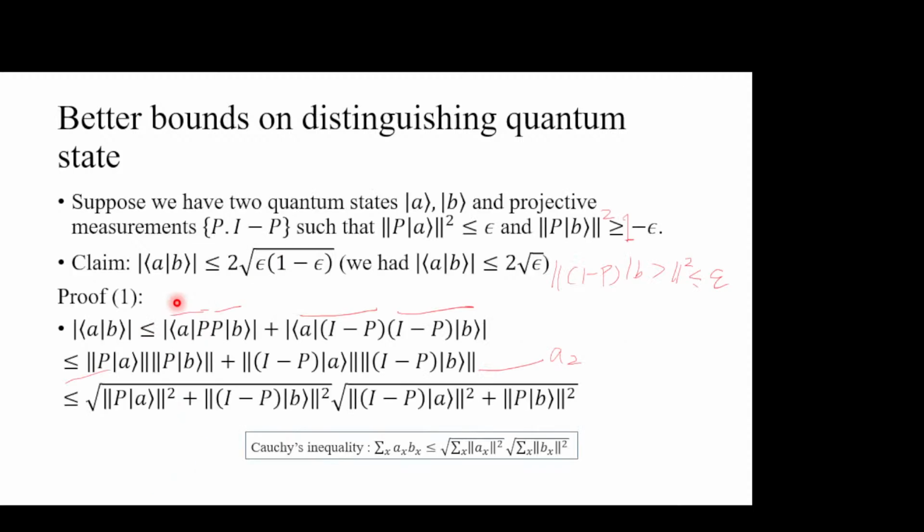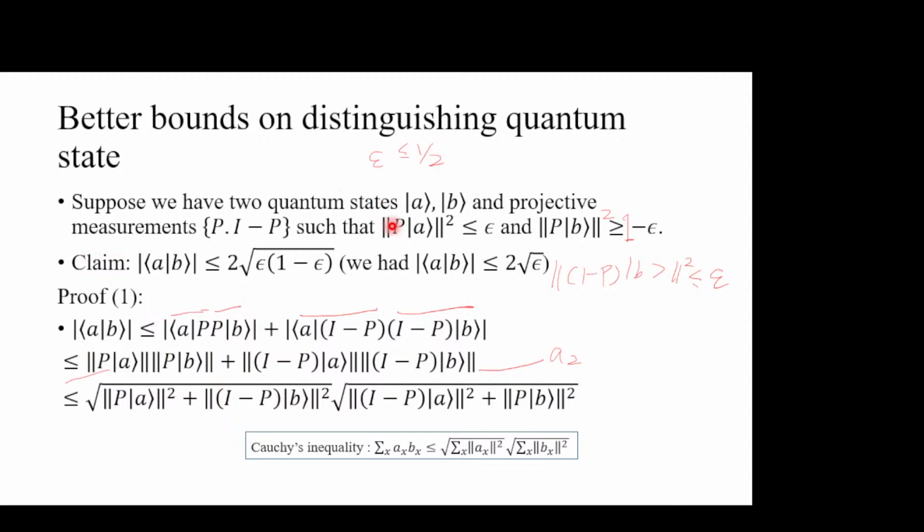Like I said before, we want our epsilon to be less than or equal to 1 over 2, because the maximum amount of error is 1 over 2, where you are just randomly guessing. We also assume epsilon is less than or equal to 1 over 2, otherwise the success and the failure switch between each other.